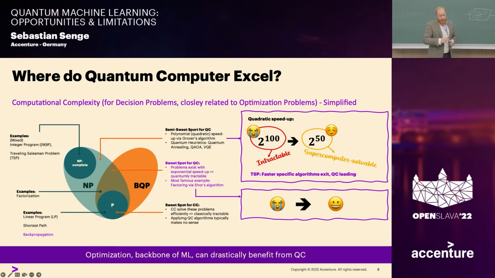So the takeaway message here is that optimization, and that is the backbone of many machine learning algorithms, can drastically benefit from quantum computing. We can draw a similar diagram also for heuristics and learning algorithms. However, that is much more complicated, but we will see there's also some hope for that kind of algorithm.